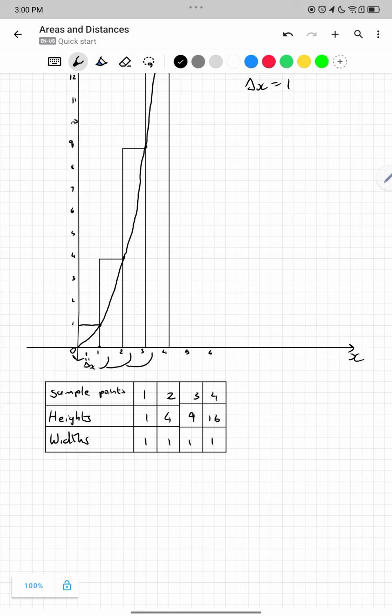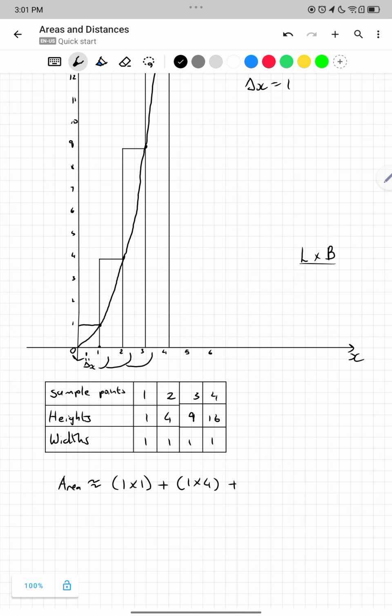So my estimated area will be equal to length times breadth. The area of a rectangle is length times breadth, right? Or height times width, better. My first one will be 1 times 1, plus my second one will be 1 times 4.